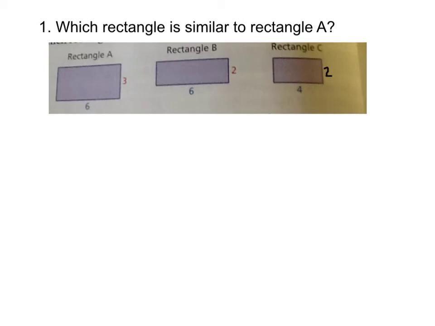So here's what we're going to do. We're going to start with rectangle A and rectangle B. So the length of rectangle A is 6. The length of rectangle B is 6. So what I'm doing is this, 6 over 6. We know these must be proportional. So 6 over 6 has to equal 3 over 2.